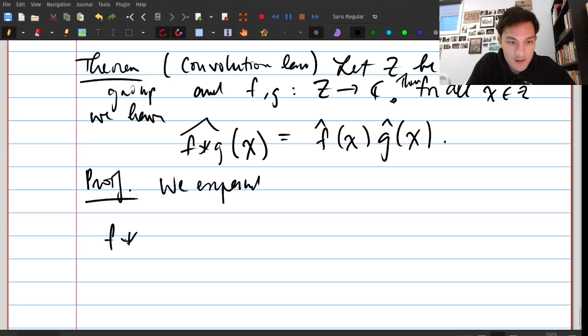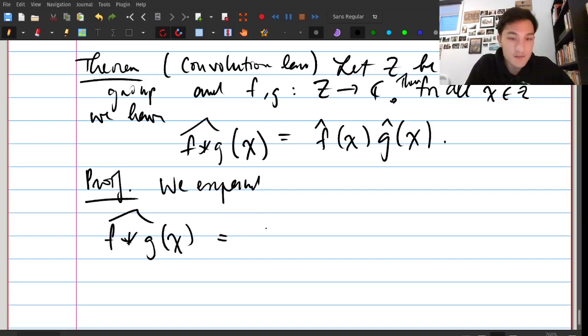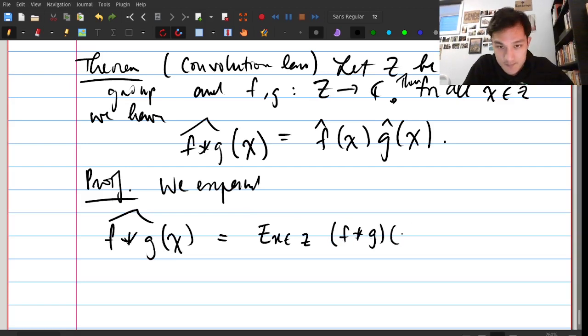The Fourier transform of f star g at chi is, of course, going to be the expectation over all x in Z of f star g of x, times chi of x bar.